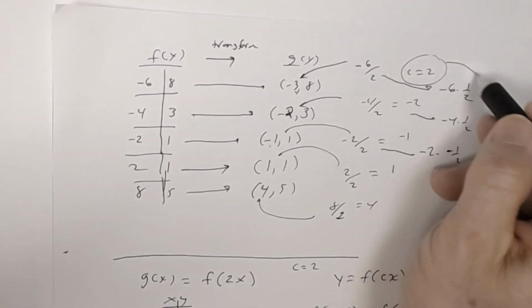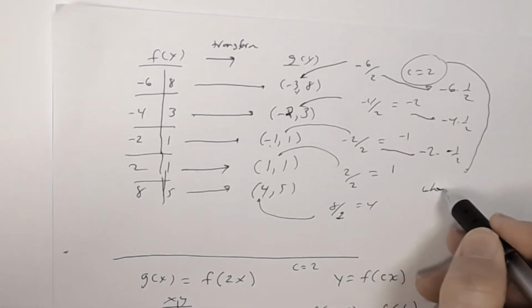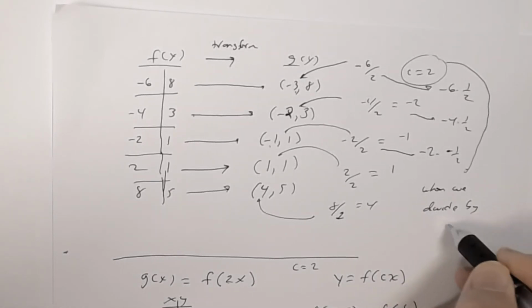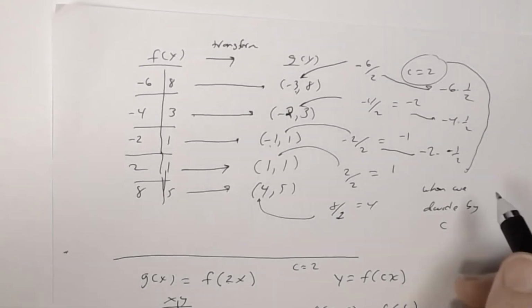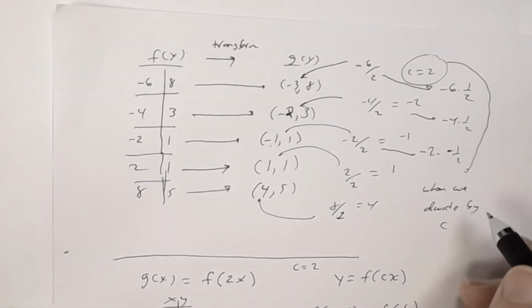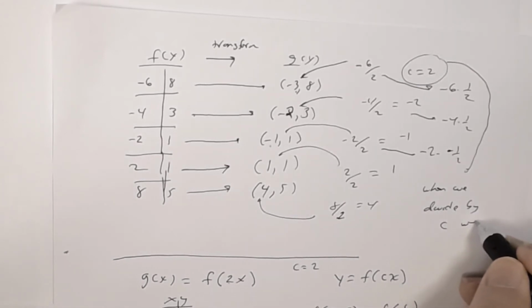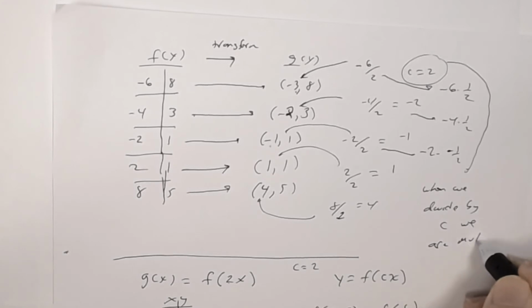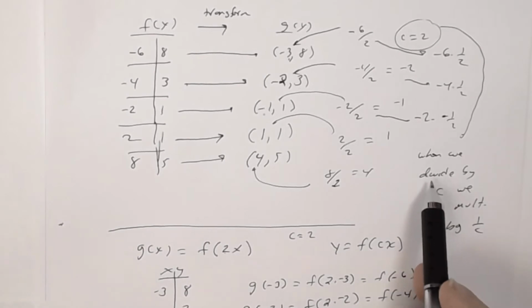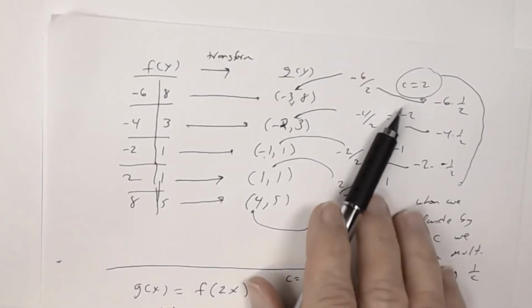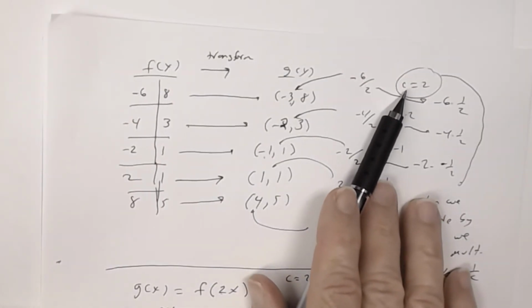All right, so be careful. When we divide by c, that's the same thing as multiplying by the reciprocal. So when we divide by c, we are multiplying by 1 over c, the reciprocal. So remember, to change division to multiplication, we take the reciprocal. So the factor is 1 over c. So I need to be careful when I said the factor is 2. It's not really 2 here.